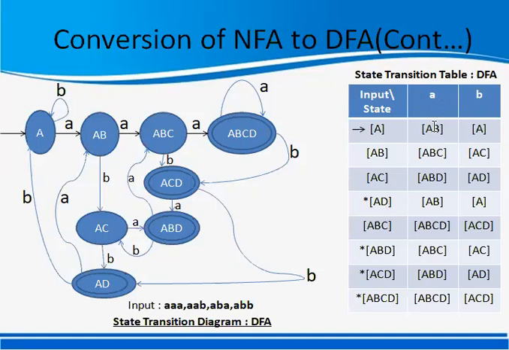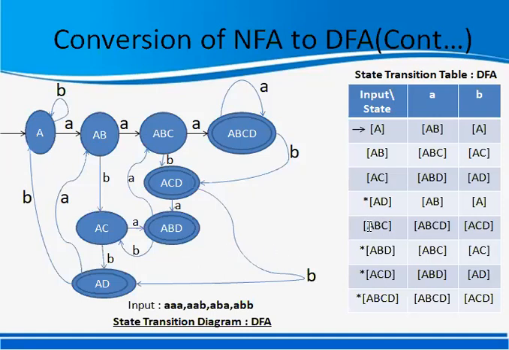From state AD, on input small a, the next state will be AB. Now on input small b, the next state will be A.